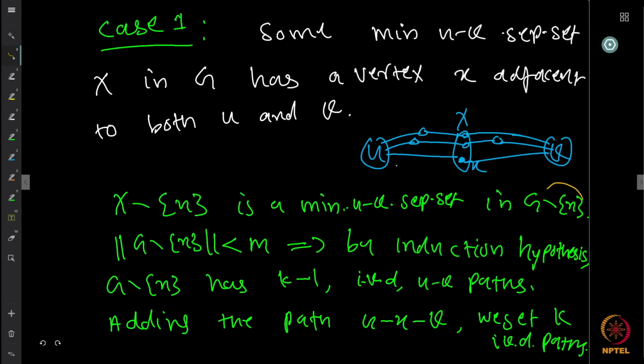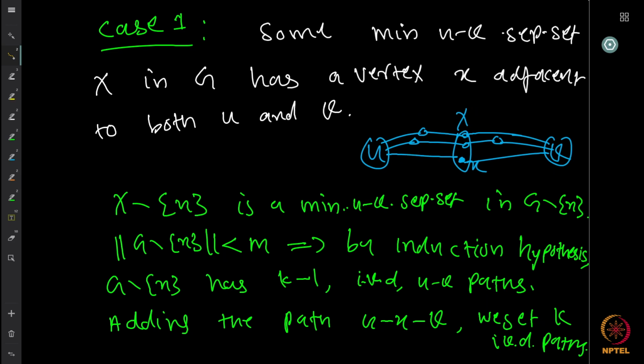So in G minus x, of course, the edges u to x and x to v will also go, and then you get a smaller graph with fewer edges. And in this graph, we can see that the set X minus the vertex x is a separating set for u and v, because once you remove the entire set X, u and v are disconnected.